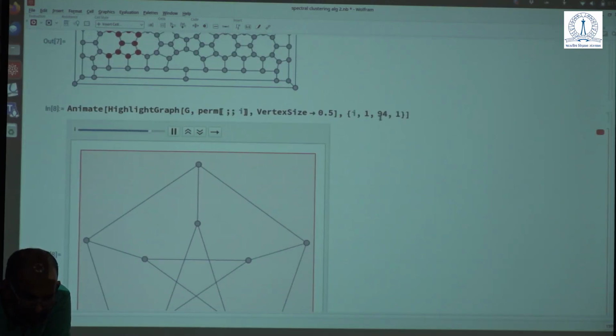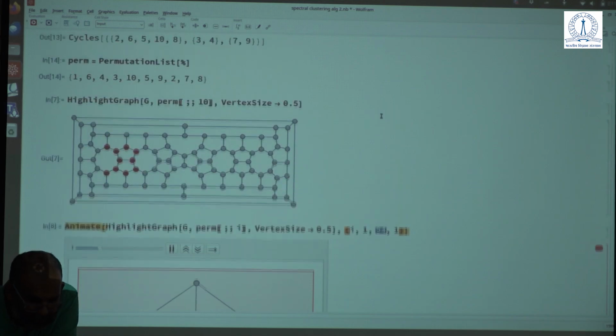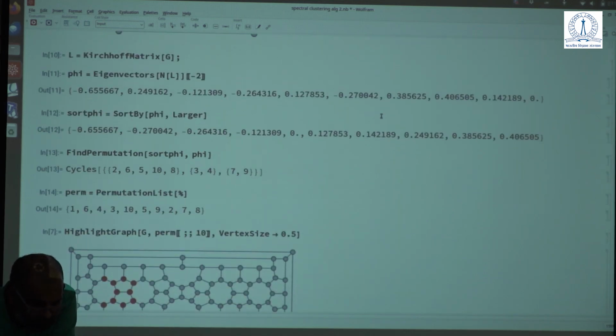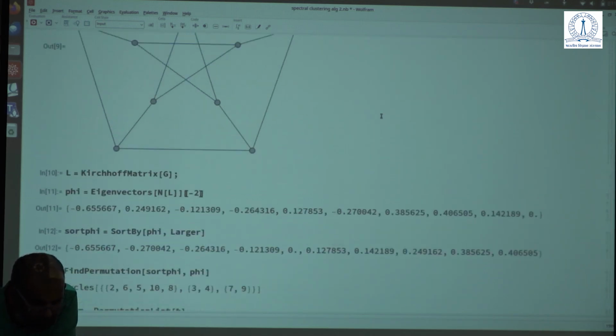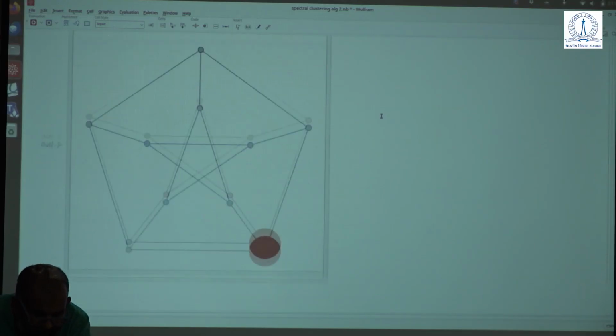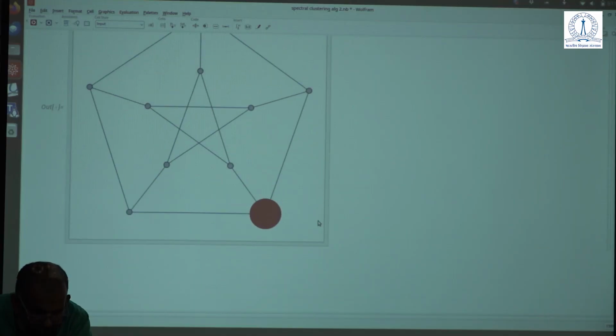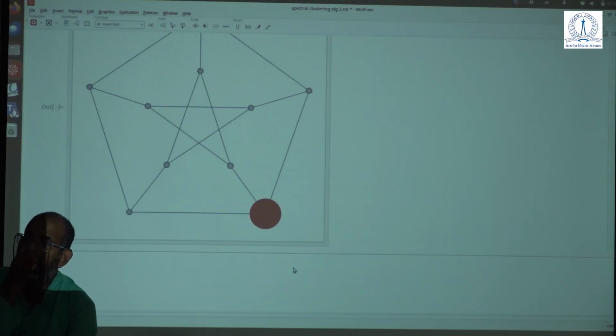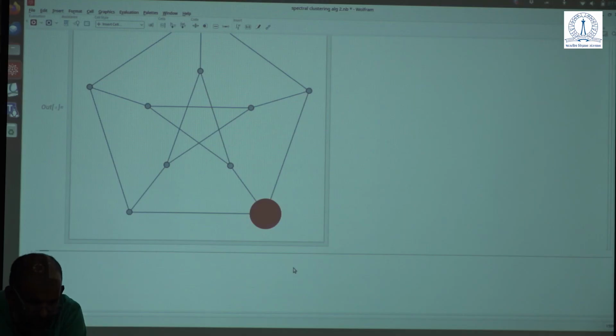Now I should be careful here because I should not put 94. I should put length of G or something. Is there a command for the size of a graph? The number of vertices? Vertex count. Thanks.